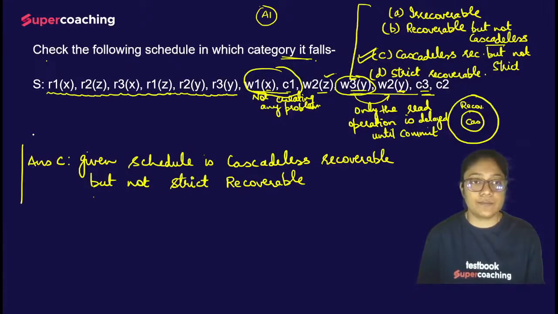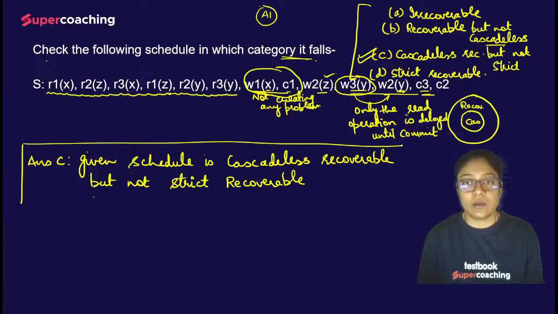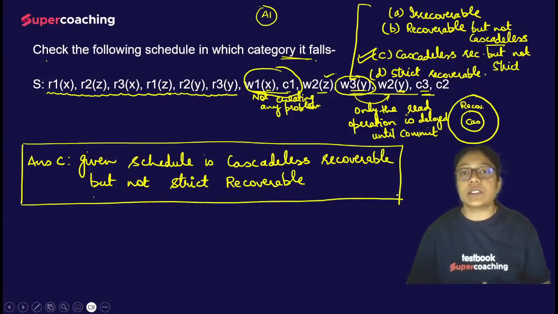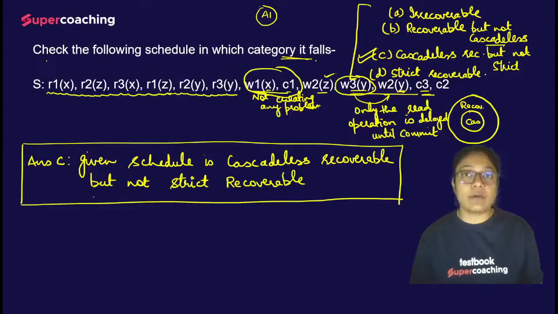Make sense? Quickly give me the confirmation. This is one of the very important concepts. जैसे हम बोलते हैं कि normalization से question आने की काफी high chances है, तो recoverability and serializability से भी एक question आने के बहुत ज़्यादा chances है.